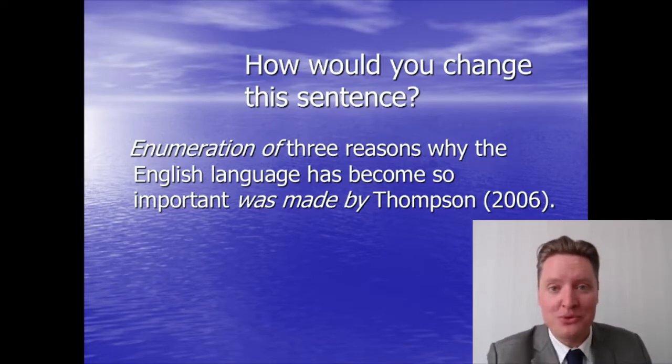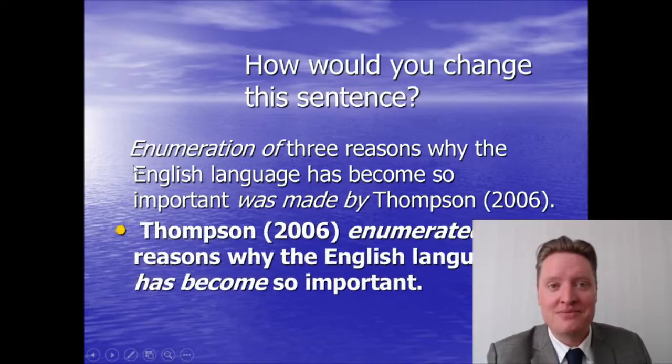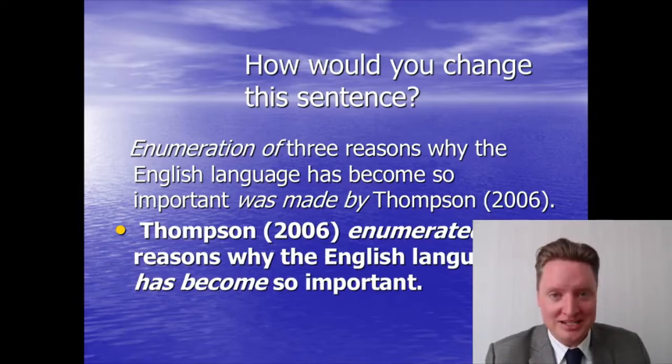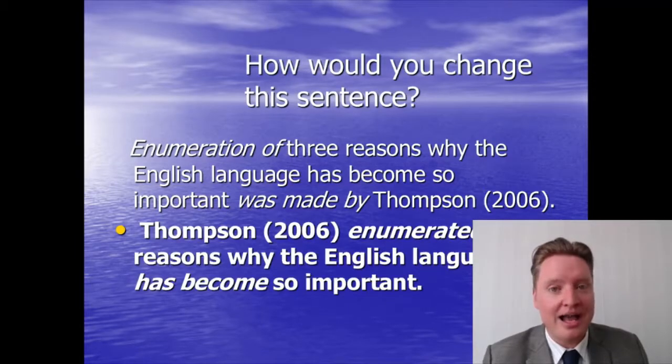I won't need that anymore. What happens when we do that? Thompson enumerated 3 reasons why the English language has become so important. So you see how I can reduce the words in my sentence. Also, it's very clear from the beginning of the sentence who's doing the action. Rather than using those heavy nouns, we prefer our living verbs.